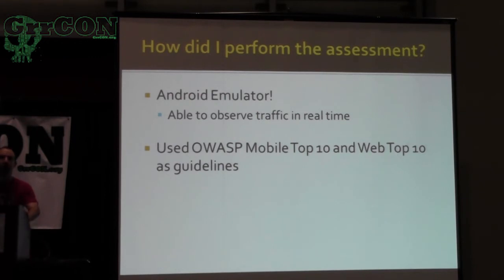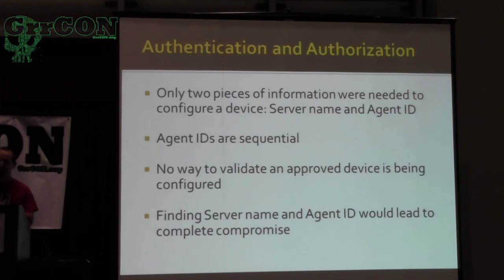And at the time, I asked, what am I looking for on a mobile device? How do I know what's secure and what's not? What issues exist on mobile? I found that OWASP has a very handy mobile top 10, just like they have the web top 10. What kind of vulnerabilities would you look for on mobile? That was what I used to guide me in looking for issues with the software. All right.